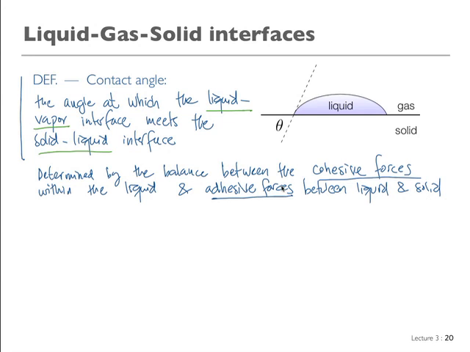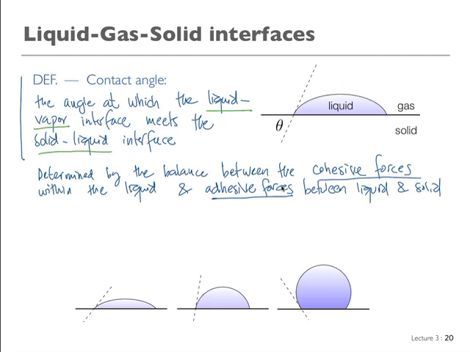And so we can have different situations in terms of the contact angle, which I've drawn here. You could have a small contact angle, and the situation of small contact angle is related to high wetting properties.